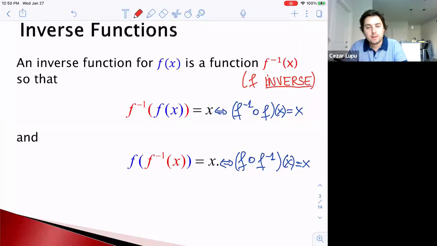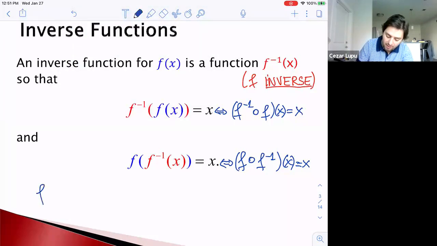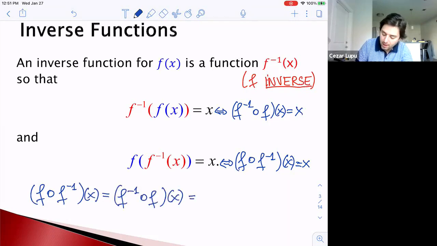So this is F, the inverse of F. If we combine these two into one, we can say that F composed with F inverse of X is the same as F inverse composed with F of X, and it's X. So that's what you need to know.